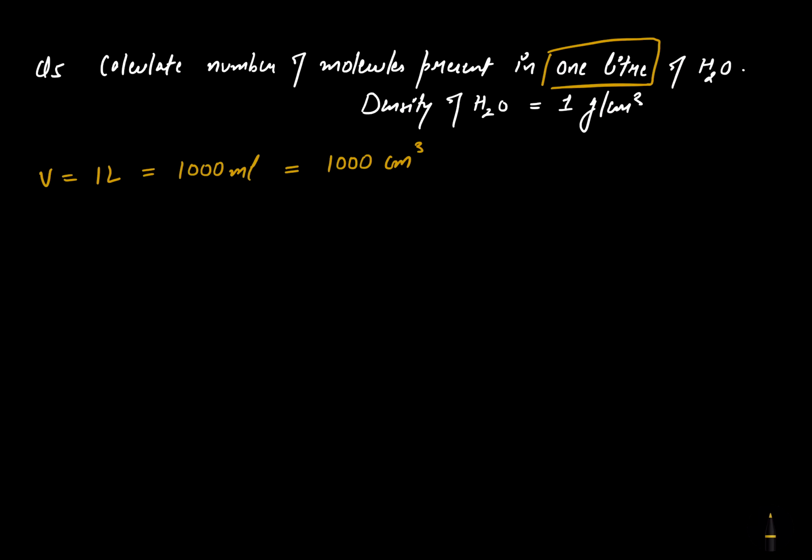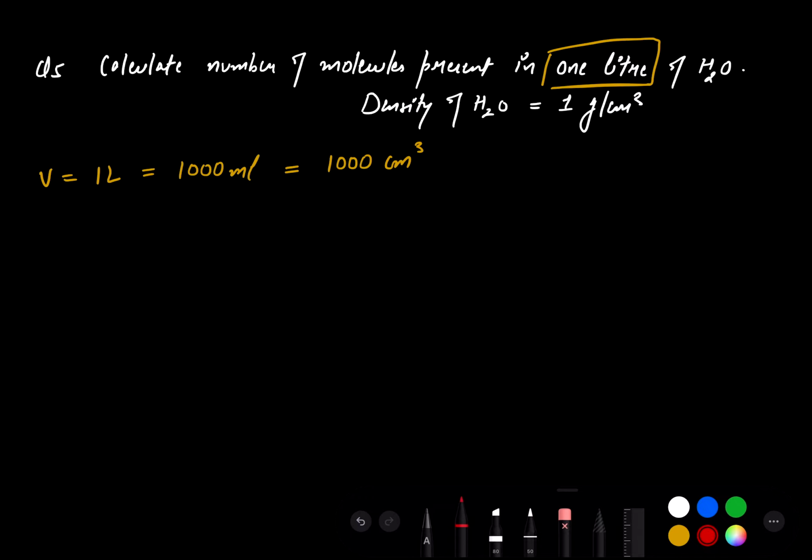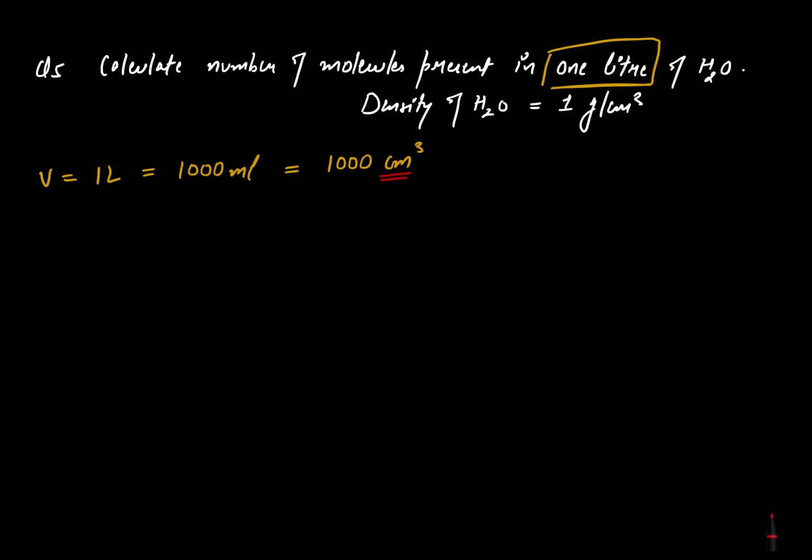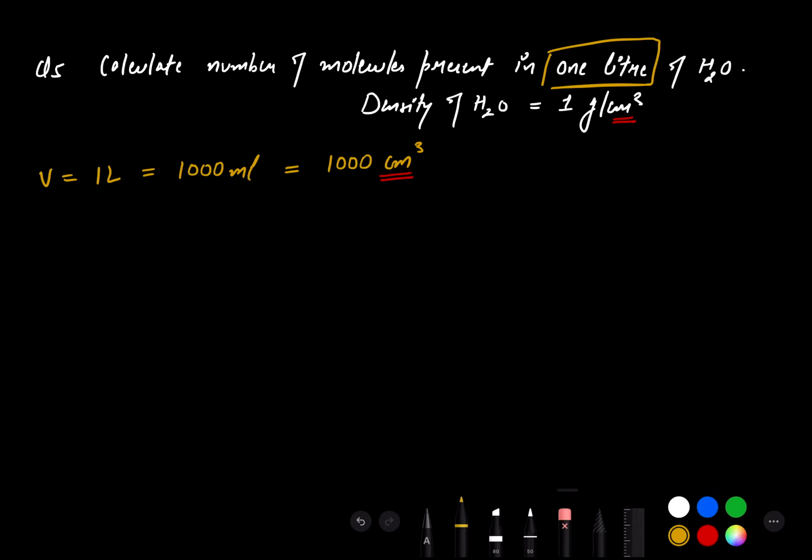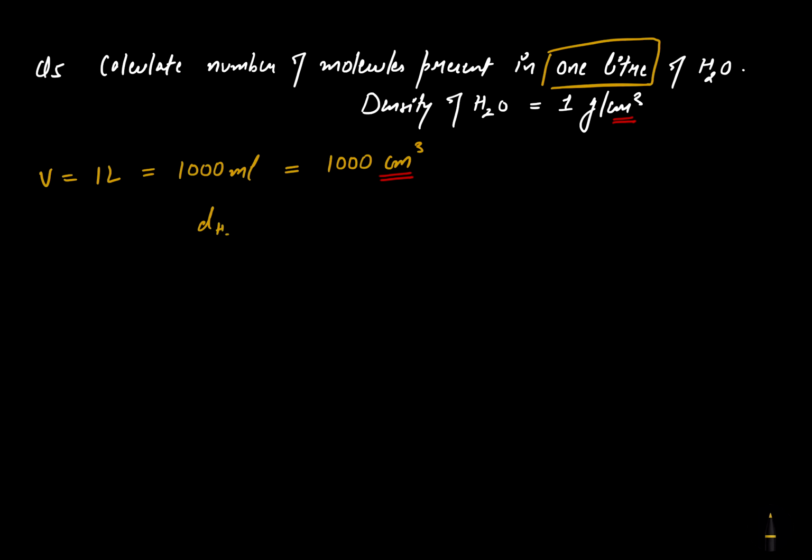Now, why have I converted my volume to centimeter cube? Because density was in centimeter cube, that's why. So let's move next. Now, how much density is given? Density of water is 1 gram per centimeter cube. What's the formula of density?